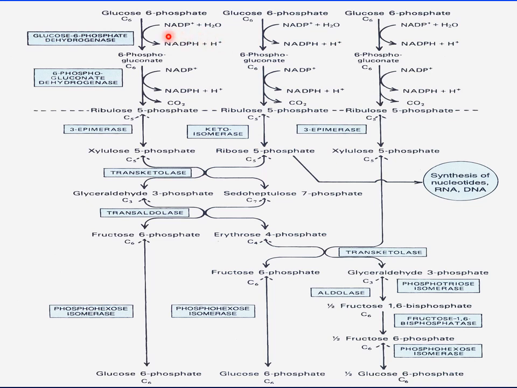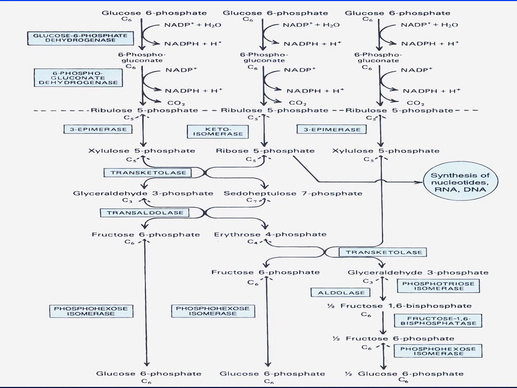Now, it's in the oxidative phase where all of the NADPH is produced at the top. And in this case, we take glucose 6-phosphate from out of glycolysis and convert it into ribulose 5-phosphate. And you'll note that this step has been repeated 3 times across the top here.